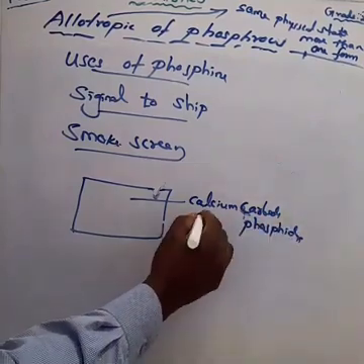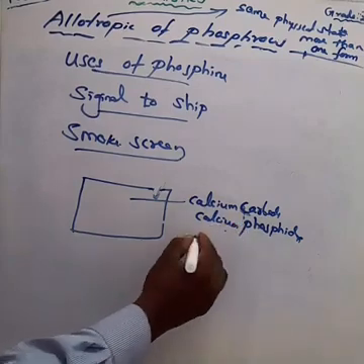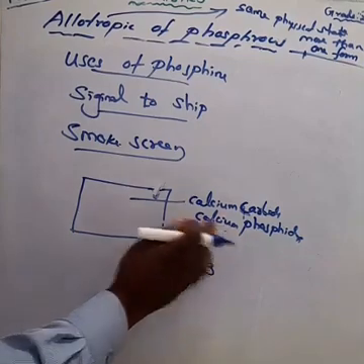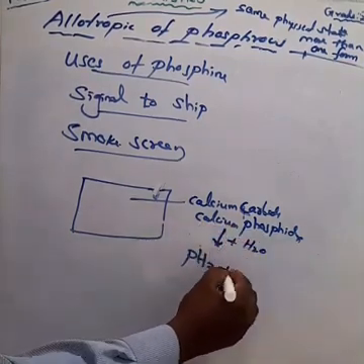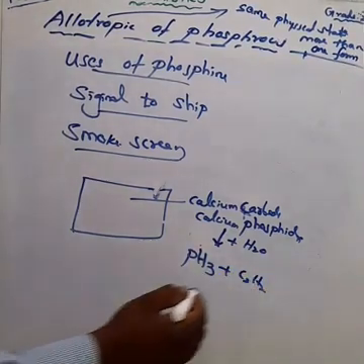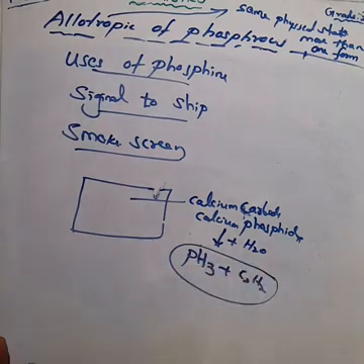What happens? Two important gases are produced. One is phosphine gas. What is the formula of phosphine? PH3. And we also get acetylene gas. Acetylene, as all of you know, is C2H2. Am I right? These two gases are produced.